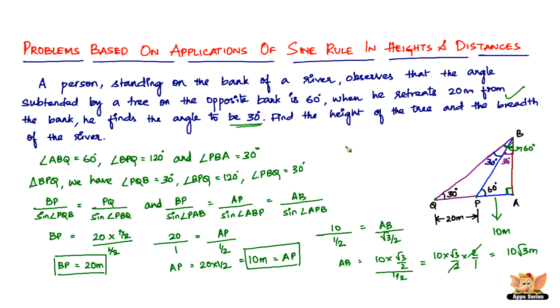Therefore, let me write it here: AB, the height of the tree, equals 10 times square root of 3 meters. So we found the height of the tree as well. All right, those are the two things that we had to find, and we found exactly that. So that's how we apply the sine rule in problems related to heights and distances.